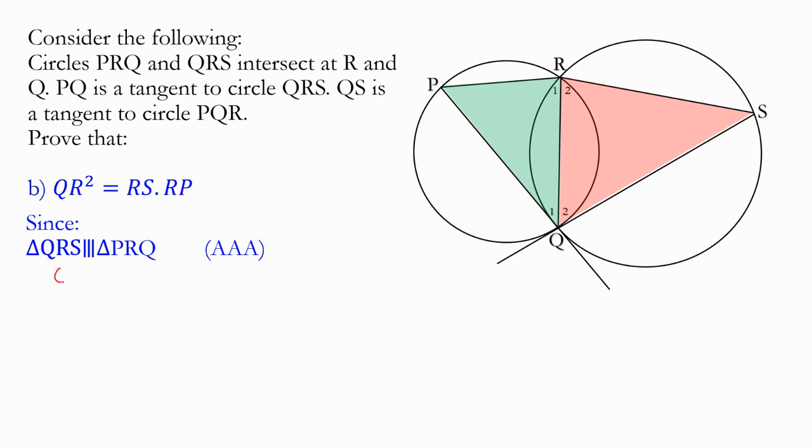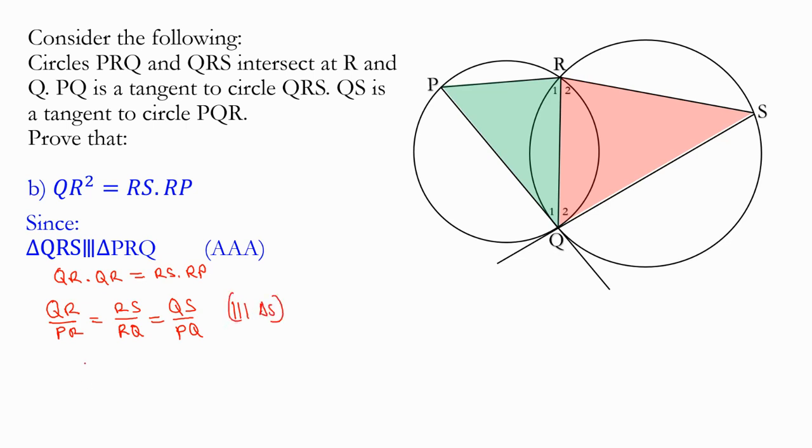So we have QR times QR is equal to RS times RP. From our similarity statement, we can see that QR over PR is equal to RS over RQ is equal to QS over PQ. Why? Because of similar triangles.